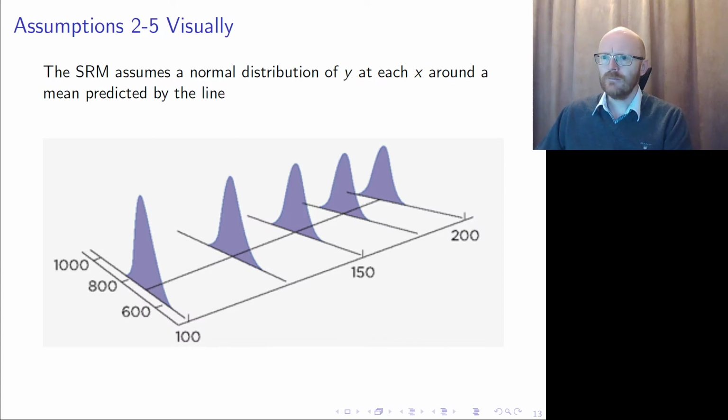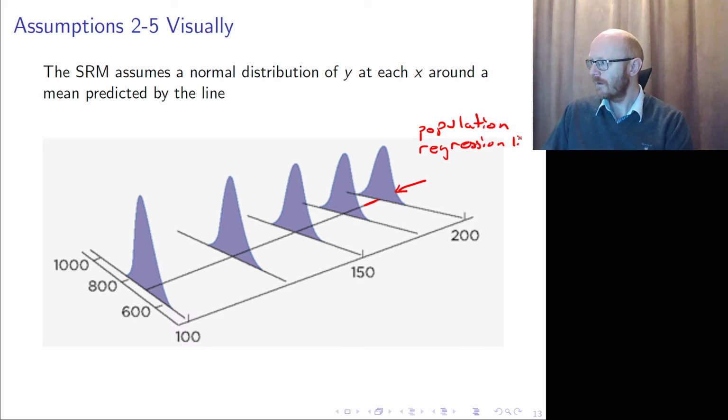And here we have a visual representation of this. This line is the population regression line. So then you have beta naught plus beta 1, the intercept and the slope, times x.